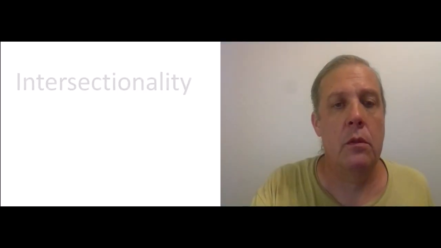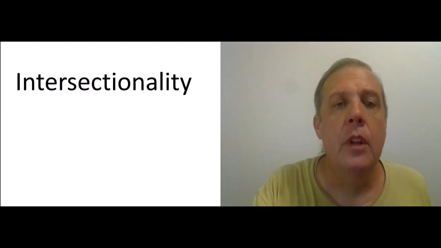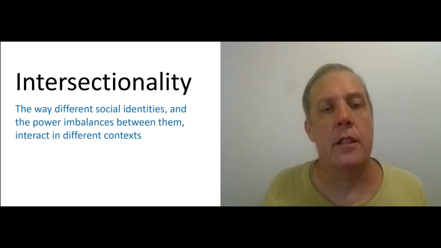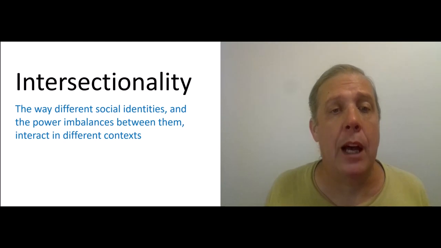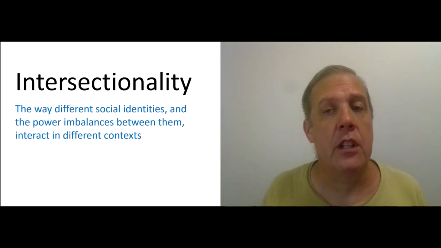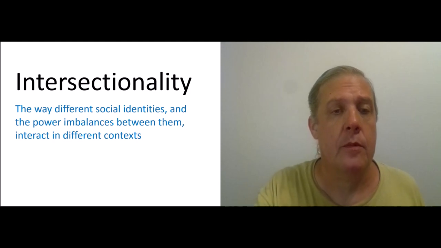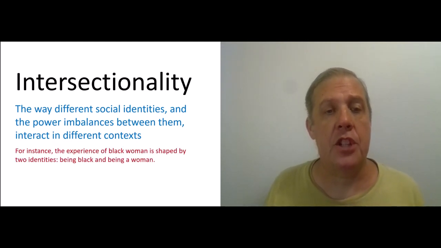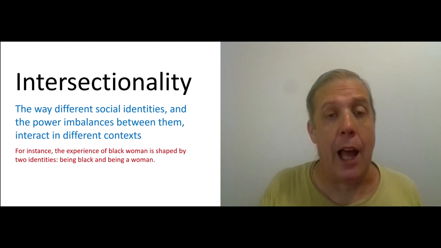So, what is intersectionality? Intersectionality is the way that different social identities and the power imbalances between them interact in different contexts. For instance, being a black woman is shaped by two identities, being black and being a woman.